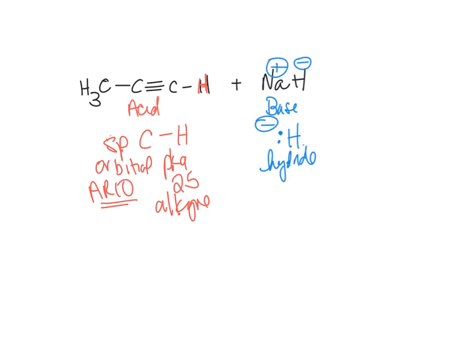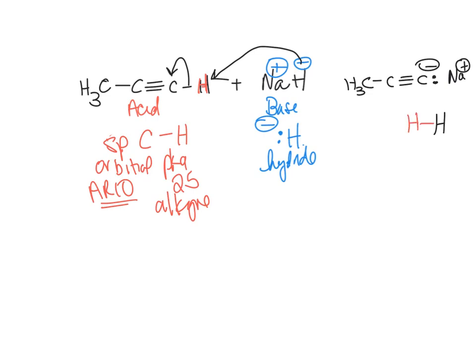So now you want to show that the hydride lone pair goes and takes the acidic hydrogen, and then those electrons go back on carbon. So then the product is this, and the sodium's going to hang out with the negative, and then your hydrogen here forms a new bond with the other hydrogen, and this is H2 gas, and this is your conjugate acid, and that pKa is, according to your chart, 35, sometimes 35 or 40.